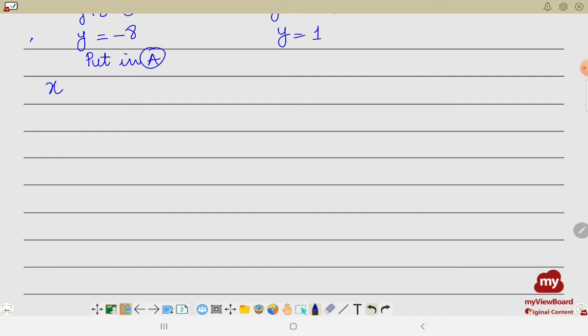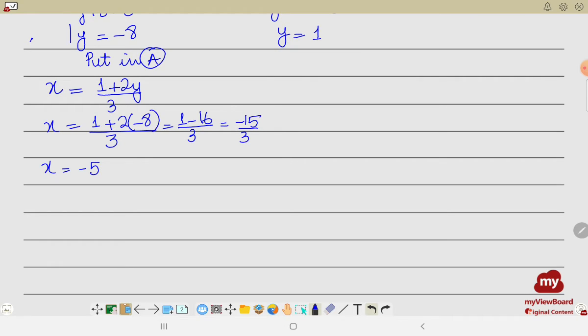So x equals 1 plus 2y divided by 3. So instead of y, we'll just write minus 8 and then we'll solve it. It becomes 1 minus 16 divided by 3. So it will become minus 15 divided by 3, and the answer is x equals minus 5. So for y equal to minus 8, we get x equal to minus 5.